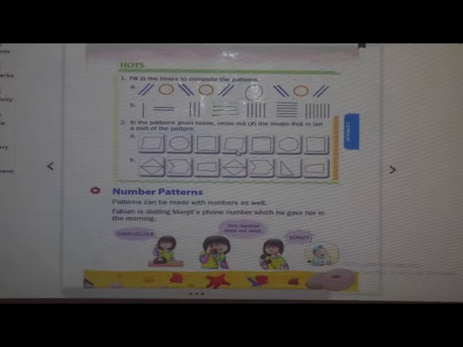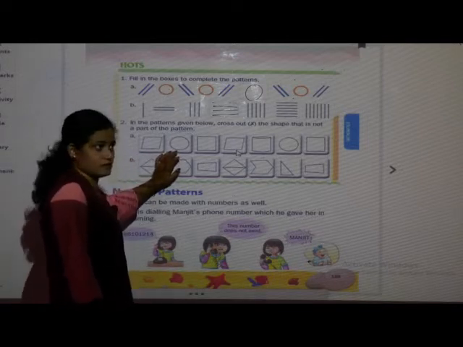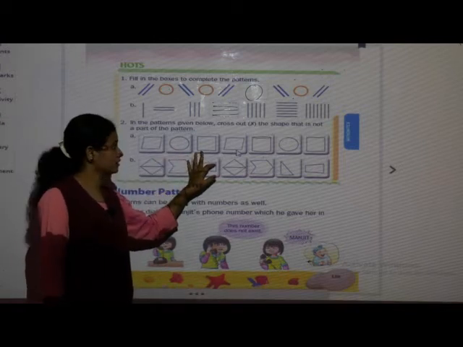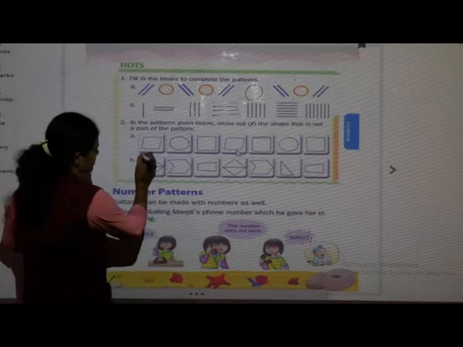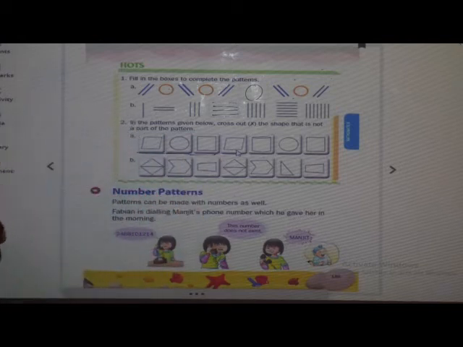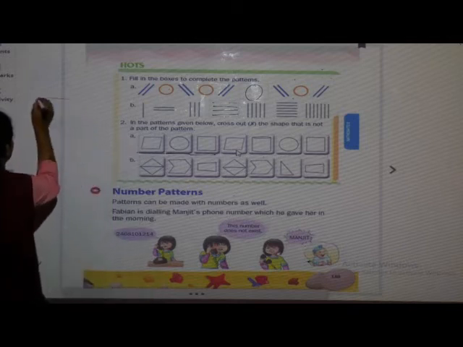See square, circle, again square. See, this 3 you can see. First square, how it is little bit bend. जो पहला वाला स्क्वायर है ना, वो लिटिल बिट ऐसे बेंड हो गया. देखो ऐसे.